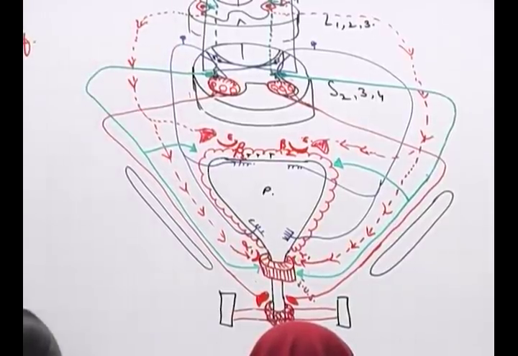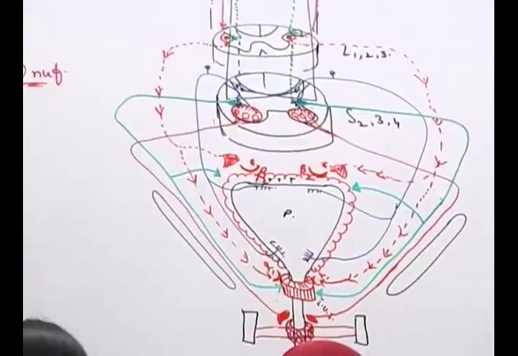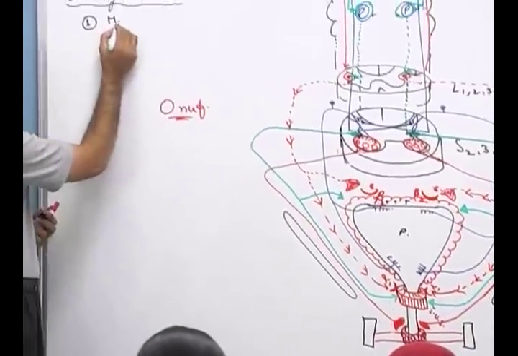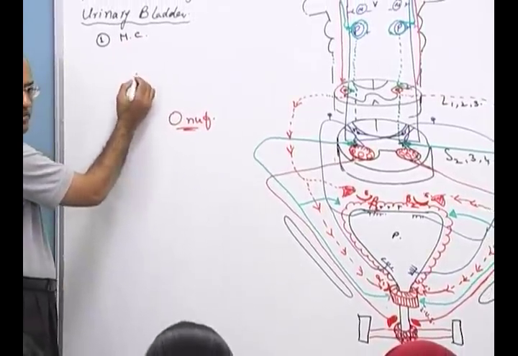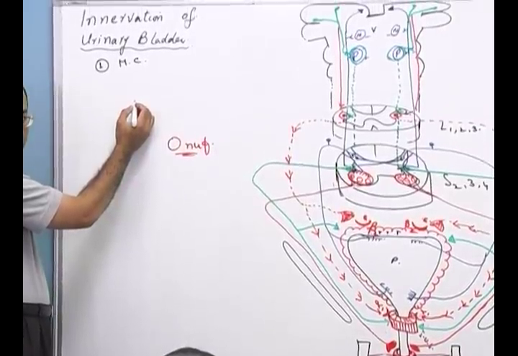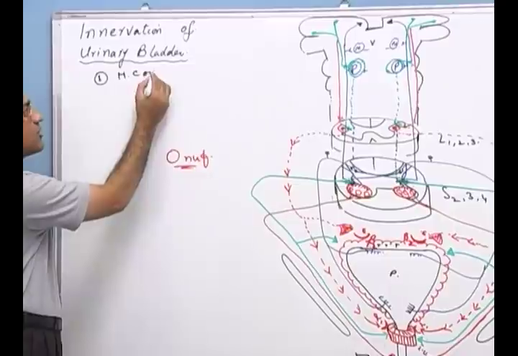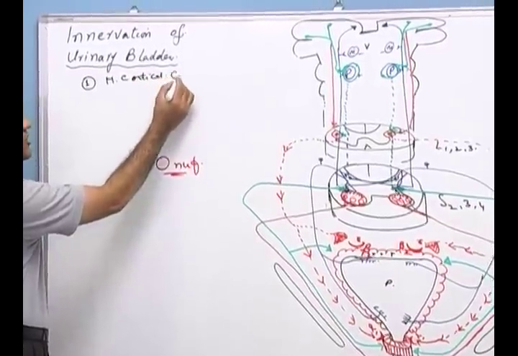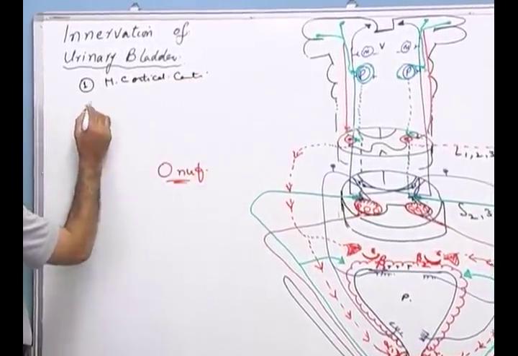Step number 1. Higher cortical centers decided that it is the right place and right time to pass the urine. Right? Number 2.